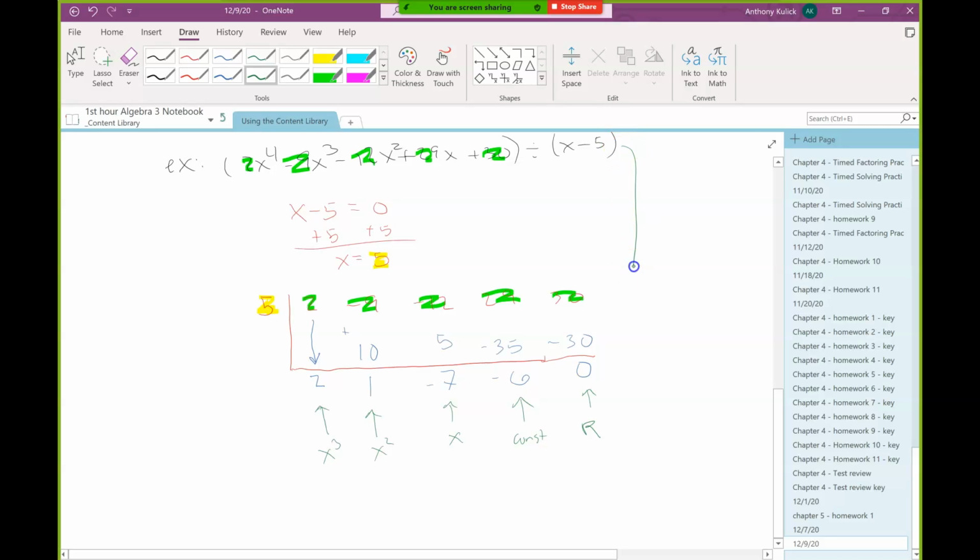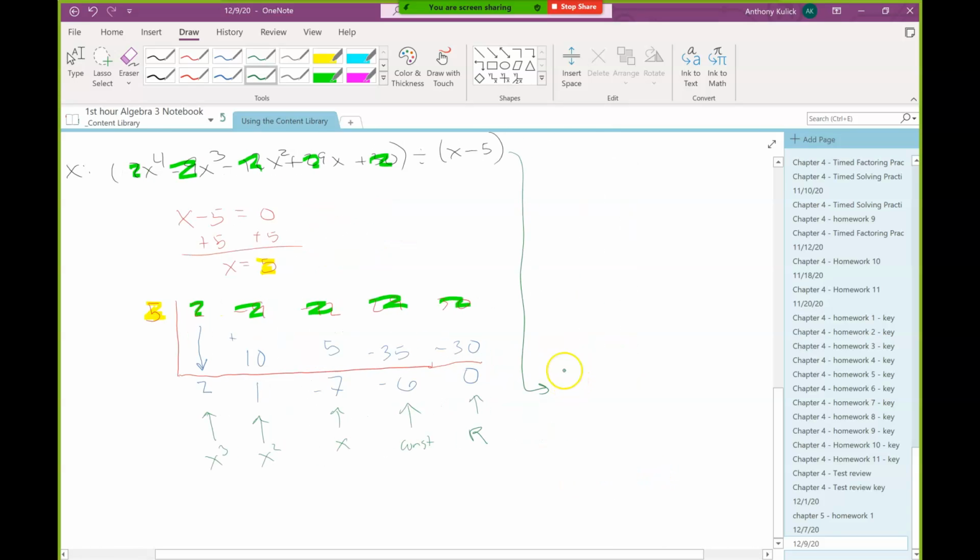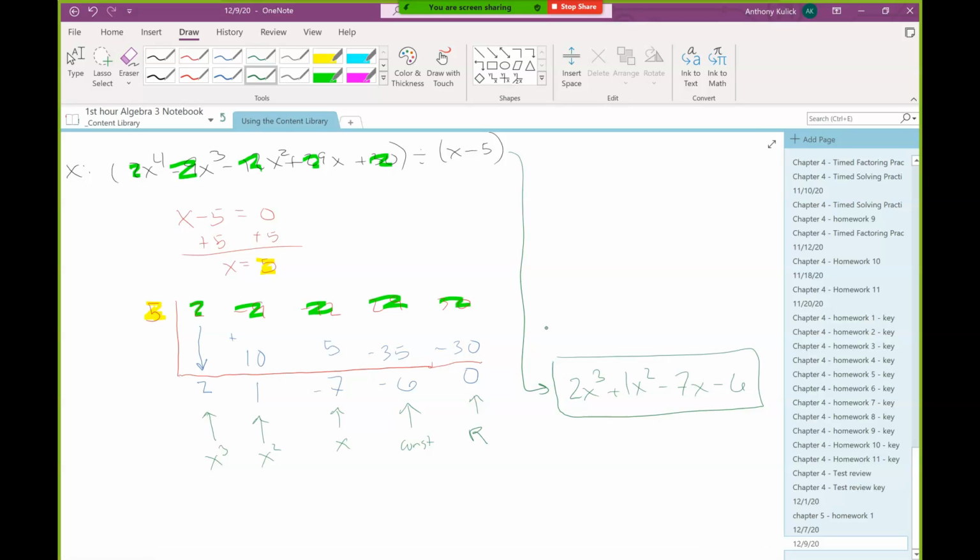So what this tells me then is that the quotient is 2x cubed plus 1x squared minus 7x minus 6 with a remainder 0, so I don't have to write anything else after that, which is exactly what we got when we did number 8 using the full polynomial division method.